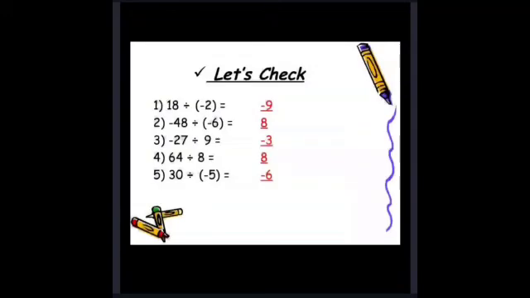So 64 divided by 8 will give you the answer 8. In the fifth example, one number is positive, the second is negative, so the sign will be negative and the numbers can be divided. So 30 divided by -5 will give you the answer -6.